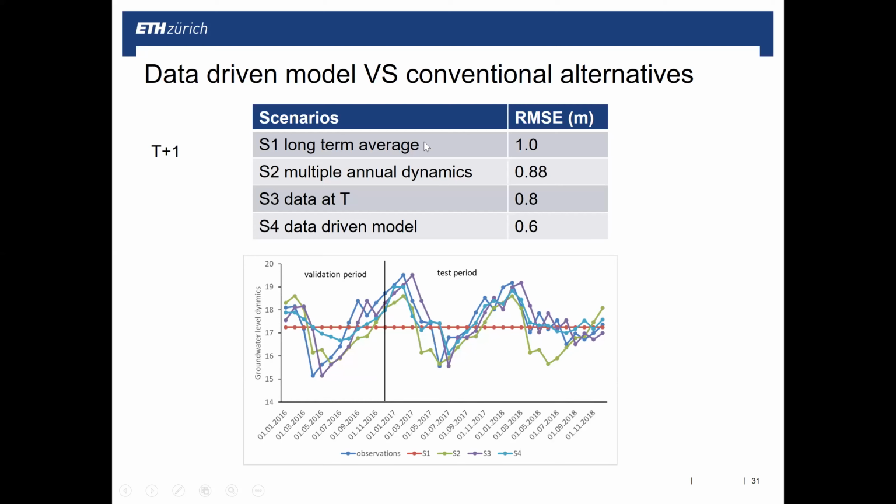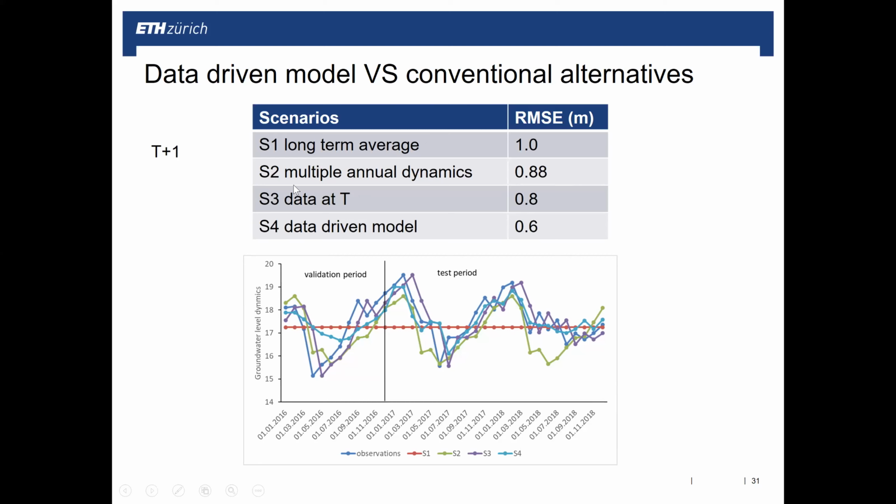So maybe we only take the average of all the data we collected to calculate for the forecast period. And the second, we use the multiple annual dynamics. That means we average for each month and we get the dynamics in a year. And the third one, we simply shift the time series.